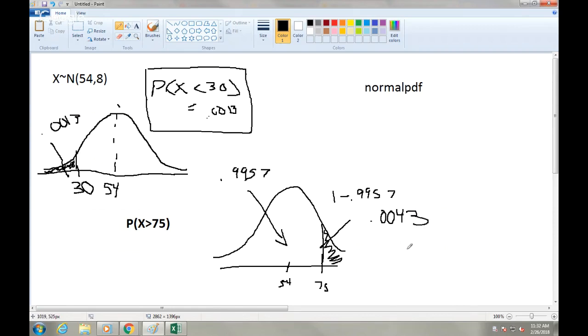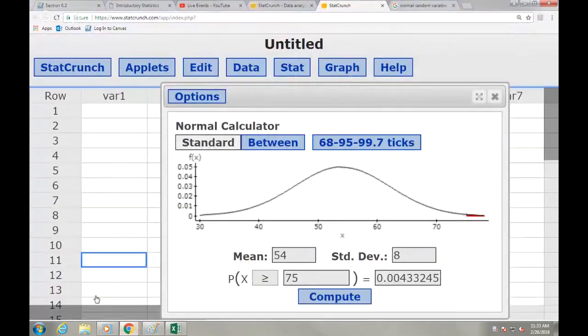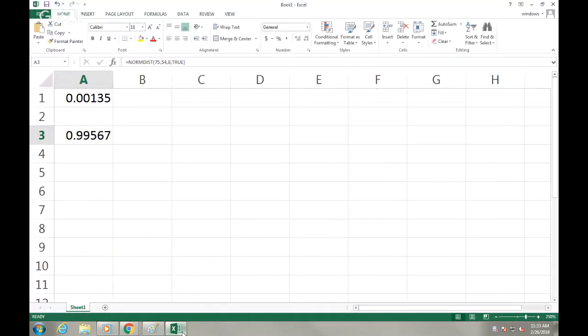0.0043. Okay, let's just see how consistent that is with what I got in StatCrunch. Yep, 0.0043. Okay. And again, in the calculator, you're going to use the binomial CDF command.